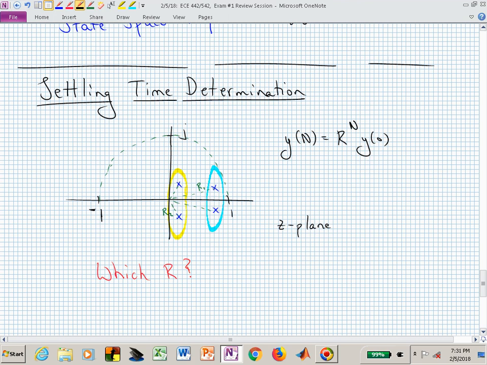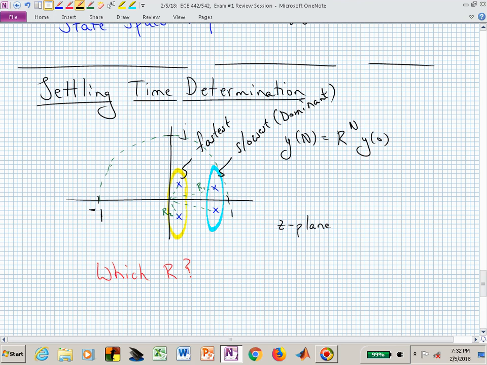All right, this is the fastest. This is the slowest. And that one then dominates. That's the one that will dominate because it'll be living longer than the ones near the origin.